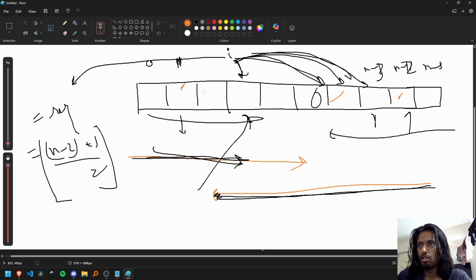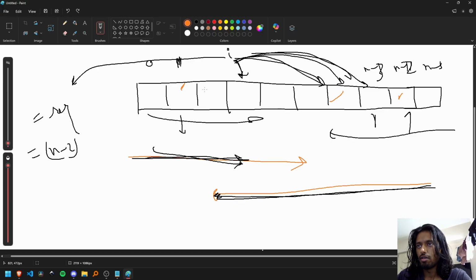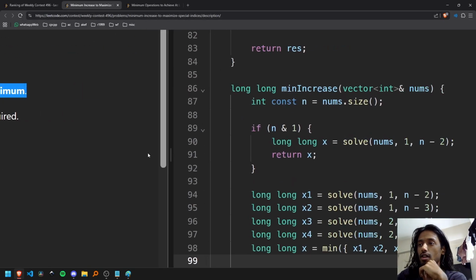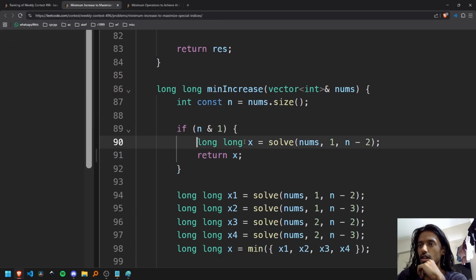But there is also a case possible where instead of starting from here, I start from here, and from here I start from here. So basically, on all of these 4 cases, I am enumerating them, doing the suffix and prefixing, and minimizing the answer. I think my code will make it a bit more clear. For the odd case, the answer is trivial, right?